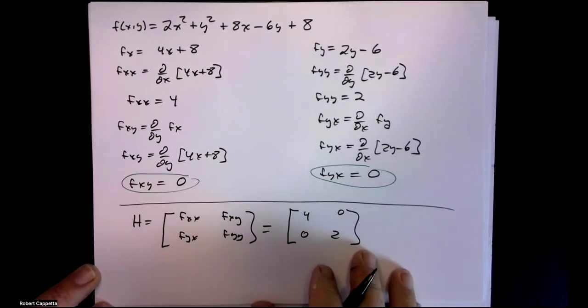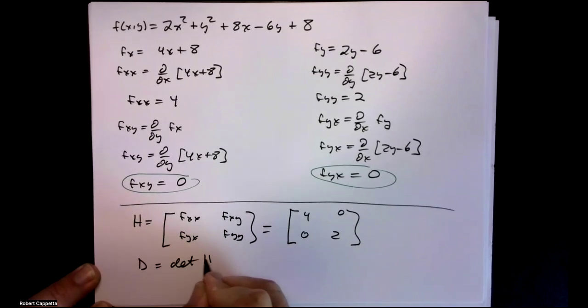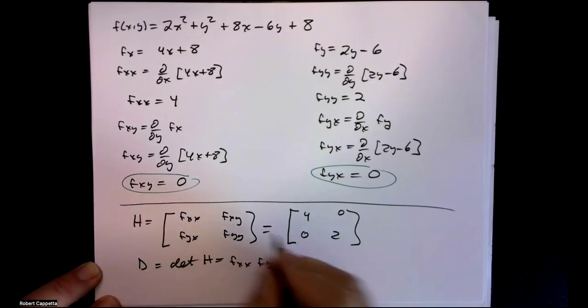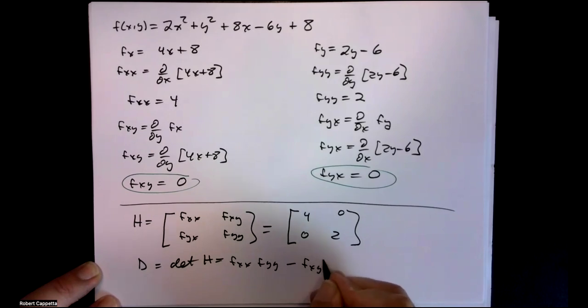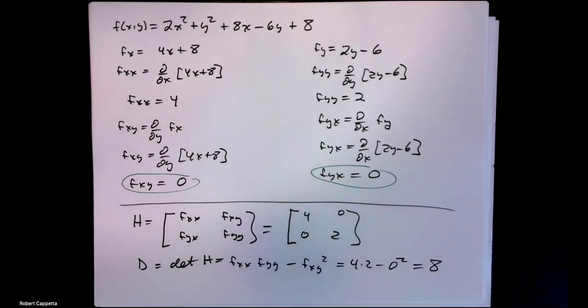And D is the determinant of the Hessian matrix, which is fxx times fyy minus fxy squared, since those two are actually the same. I get 4 times 2 minus 0 squared, which is 8. So right now I have D is 8. That's going to be important to remember, as well as fxx is 4.